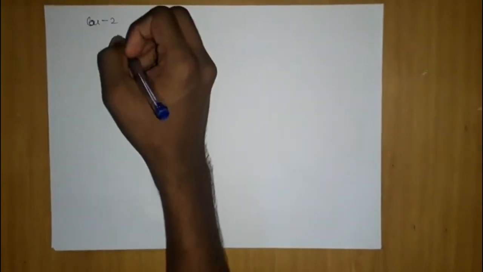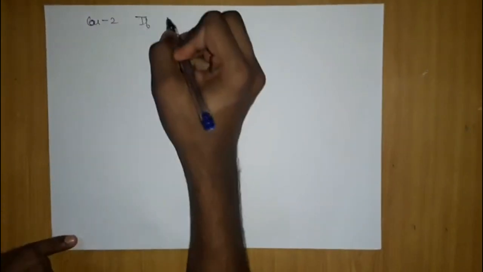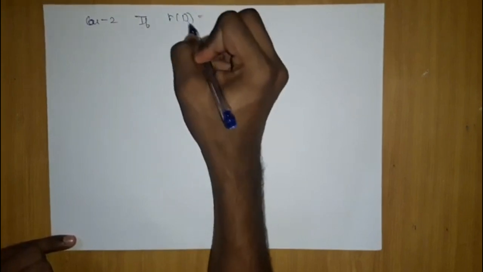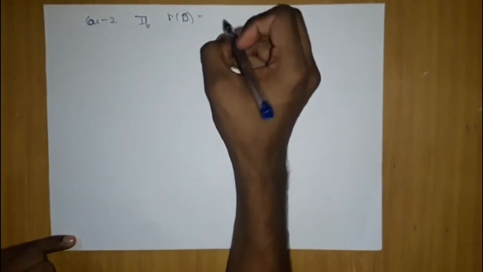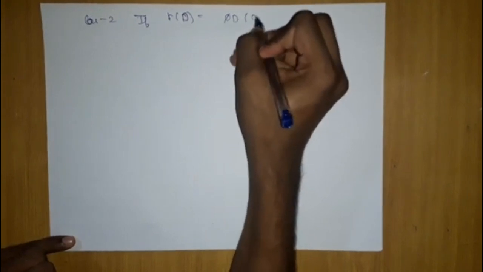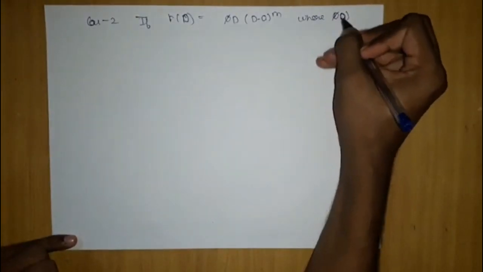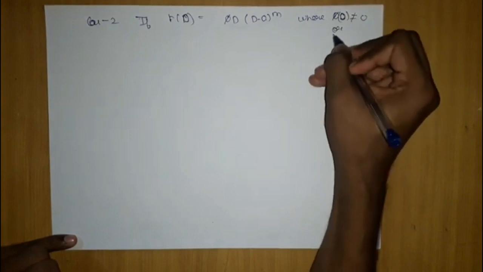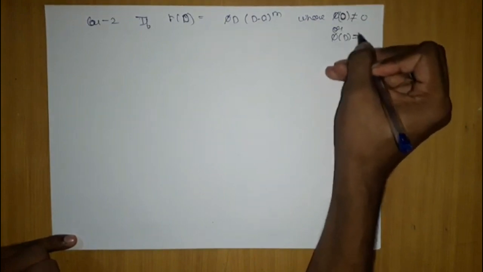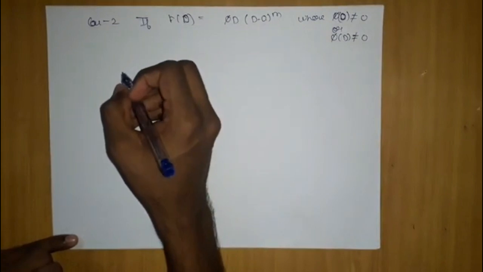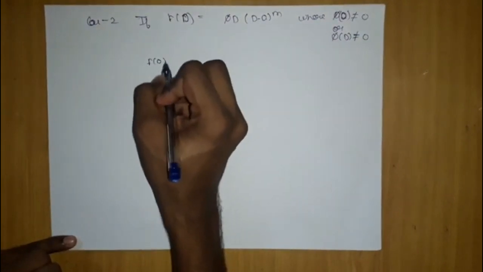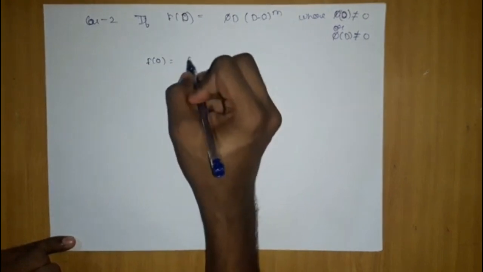So case 2, where you have to be careful: if f of d is of this form, phi d into d minus a power m, where phi d, or phi a when you substitute, is not equal to 0. Now in this case, your f of a will be nothing but this whole thing.